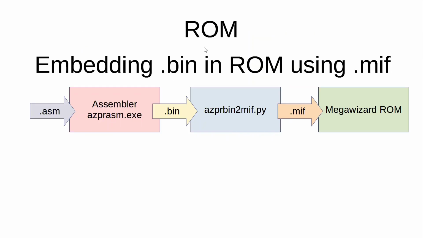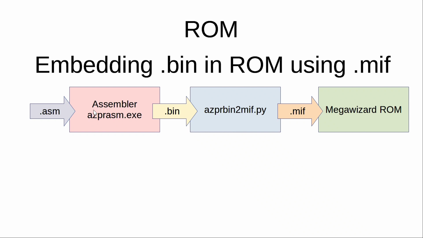As for the ROM, we need to embed the binary into it using the memory initialization file format, MIF. This is the memory initialization file format for Quartus. So from here, we have written an assembly program in the .asm file format.